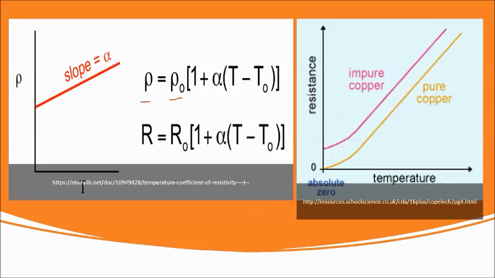Now, the general rule, ito yung impure at saka pure copper, no? The general rule is resistivity increases with increasing temperature in conductors. Decreases with increasing temperature in insulators.